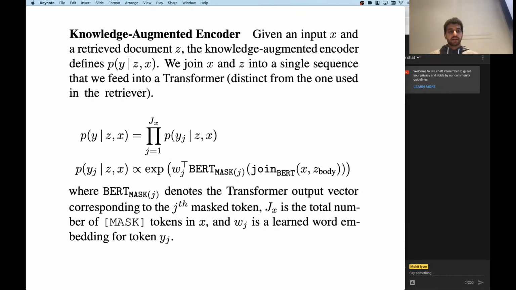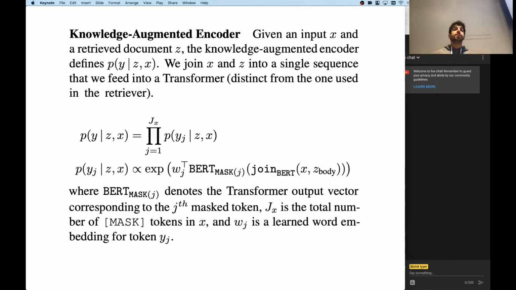Okay, so let's then get to the encoder, which is the thing responsible for predicting the identity of the mask token. This we won't need to go into too much detail. Basically, once you have retrieved a passage Z, we join X and Z into a single sequence by just concatenating using the separator token, and then we do our normal prediction of the mask token based on this new input.